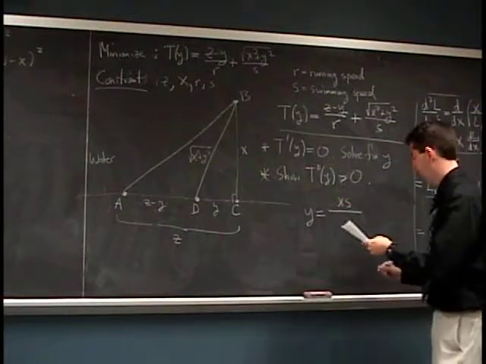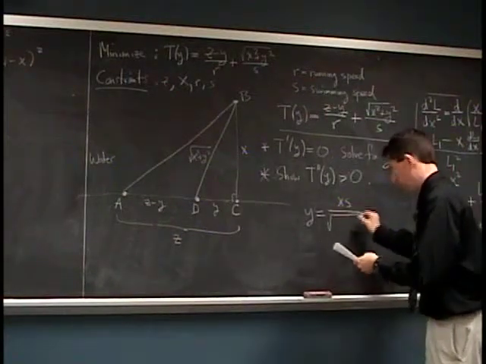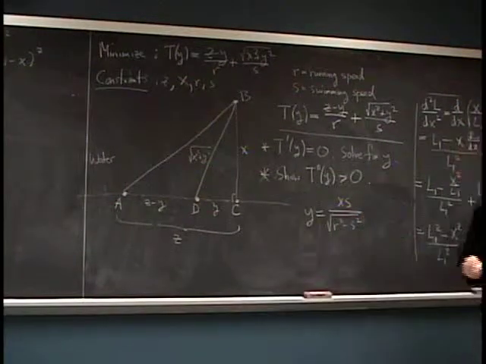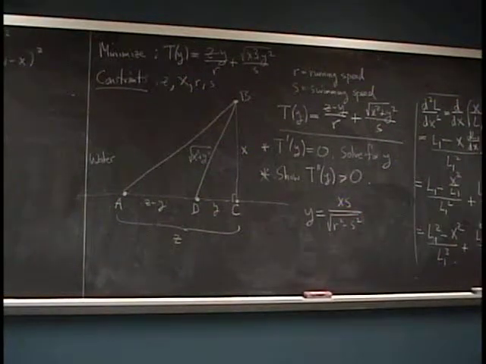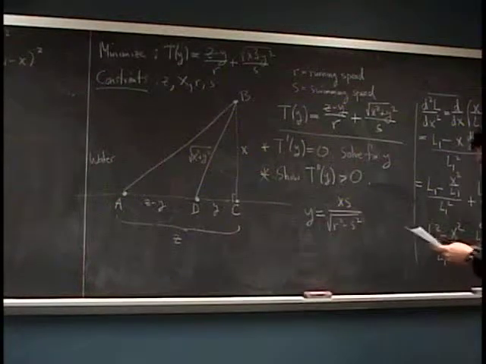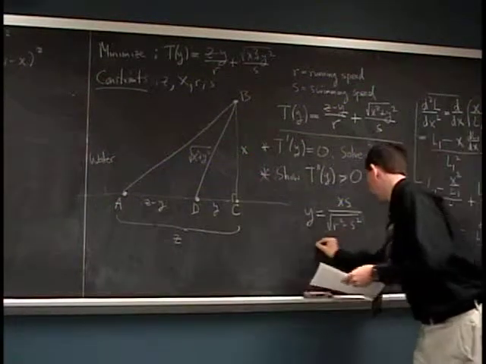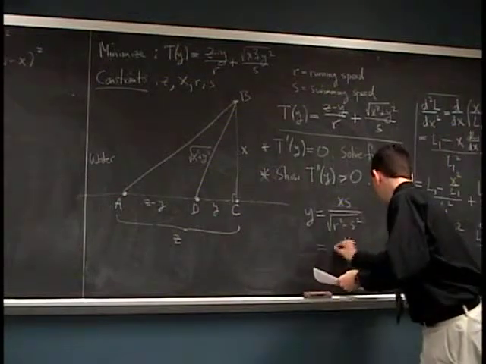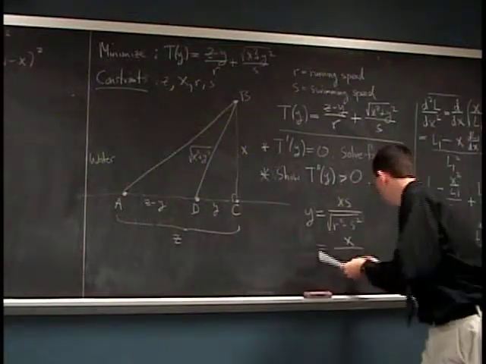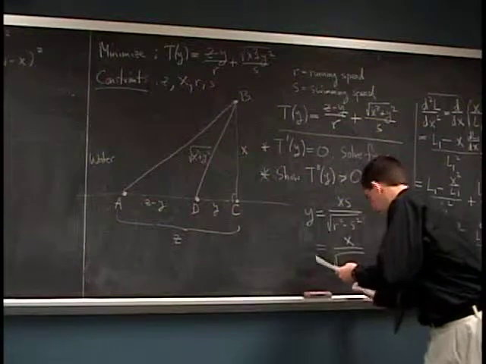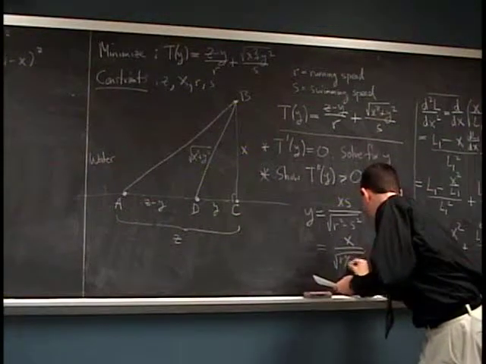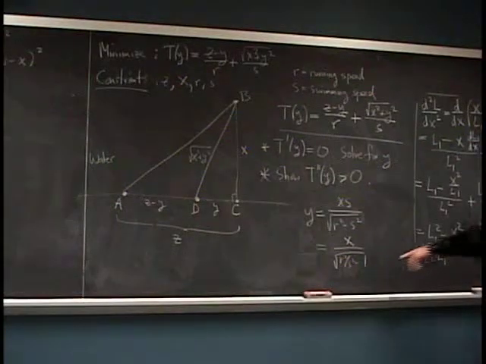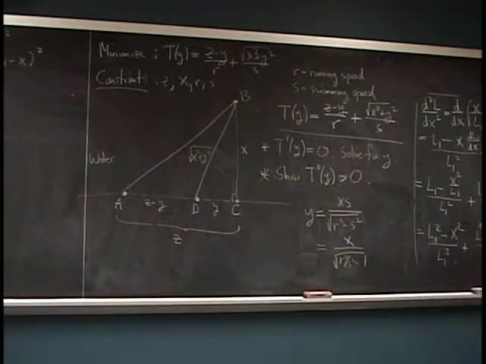First is x times s divided by the square root of r squared minus s squared. He writes it in a slightly different form. Another form is to divide everything by s, and you can write this as x over the square root of r squared over s squared minus 1. Actually, he doesn't write it quite that way, but I found this to be a very nice way to think about things.